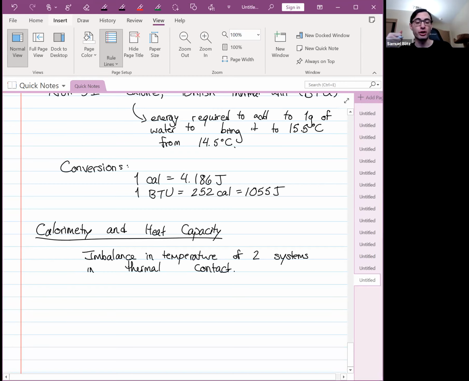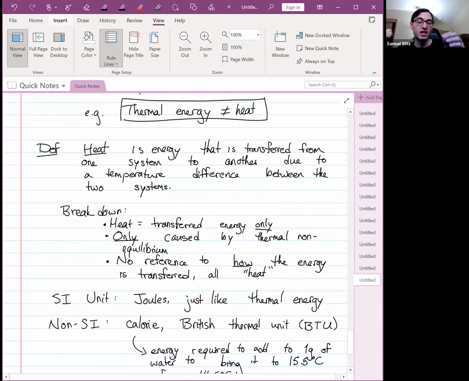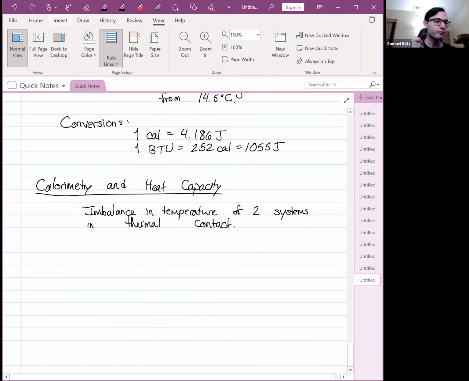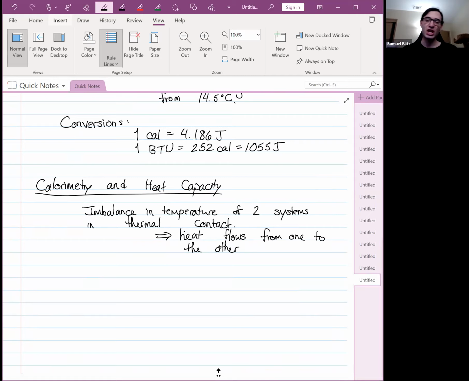And hence, heat will flow because that's how heat's defined. Heat is the energy that's transferred from one system to another due to a temperature difference between the two systems. So heat will flow. And in particular, heat flows from one to the other. And hopefully you guys are aware that heat flows from the hot things to the cold things.